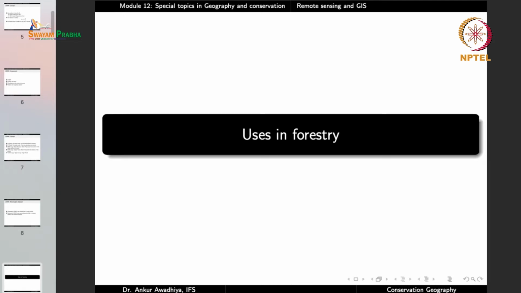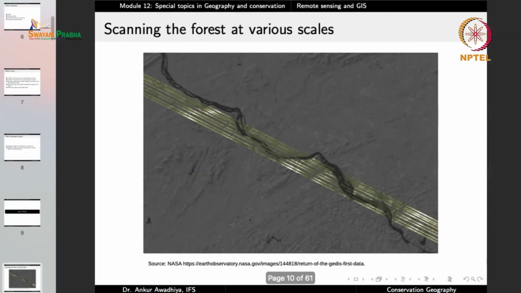Now, with this knowledge, how can we make use of it in the case of conservation? So LiDAR is having a large number of applications these days in the case of forestry, because in forestry you require a knowledge about the topography, and you require a knowledge about where different trees are growing, what is the amount of carbon that is being sequestered in all these different areas, and we can use LiDAR to get that information.